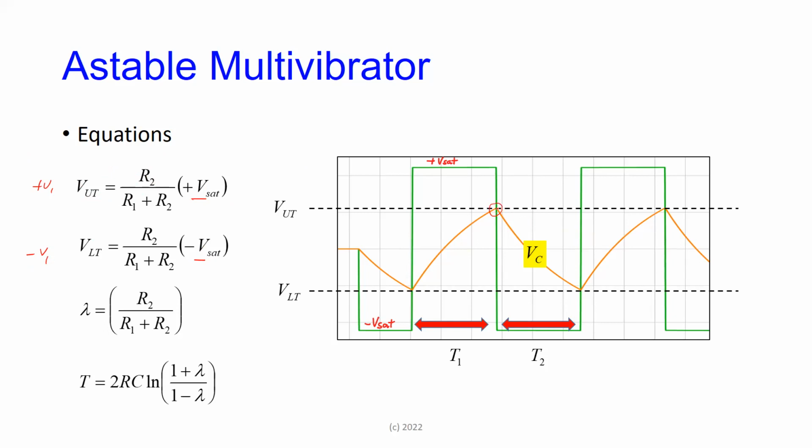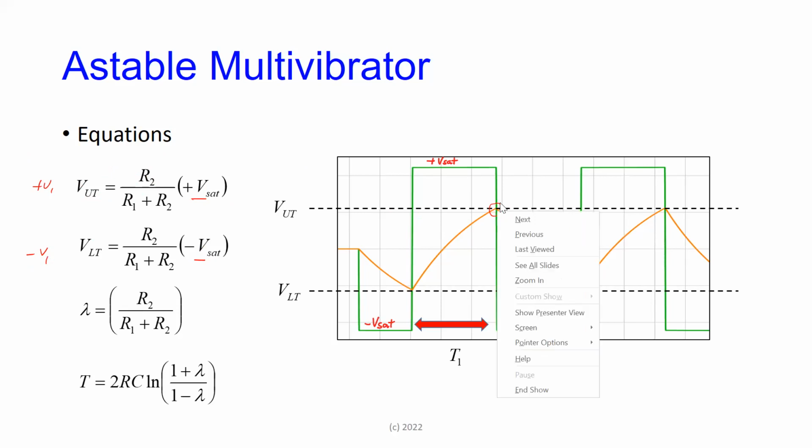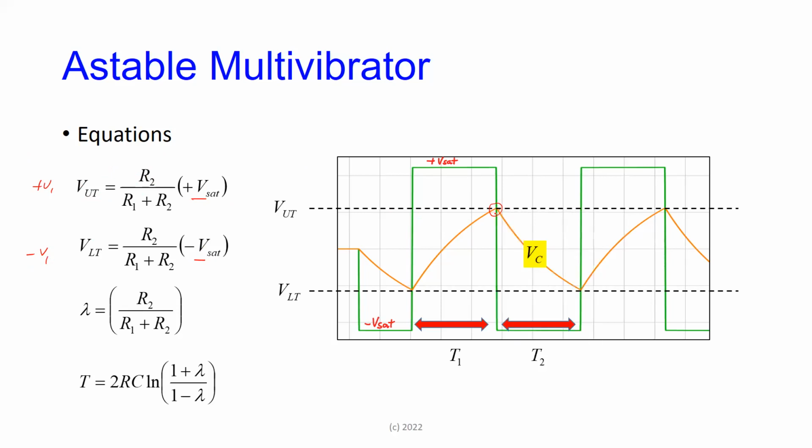That's this, right? So that is the value when the capacitor charges, and as soon as the inverting terminal hits that upper threshold, the multivibrator switches from plus Vsat to minus Vsat. And then the negative one, what I was calling minus V1, we call the lower threshold, LT.